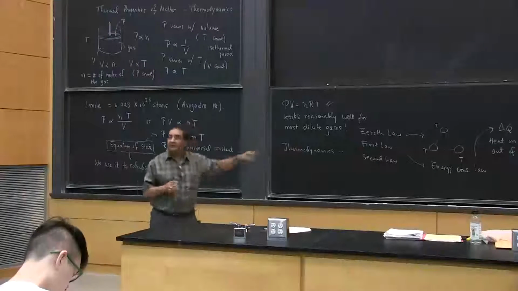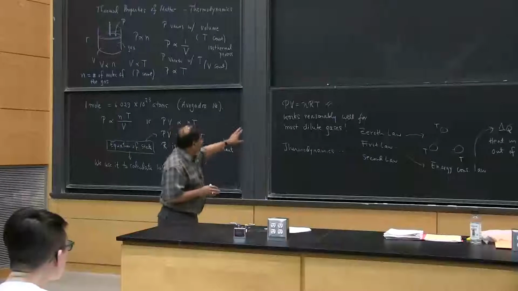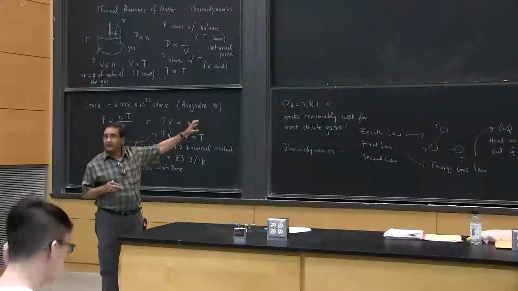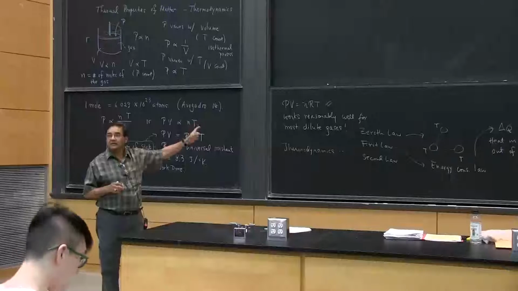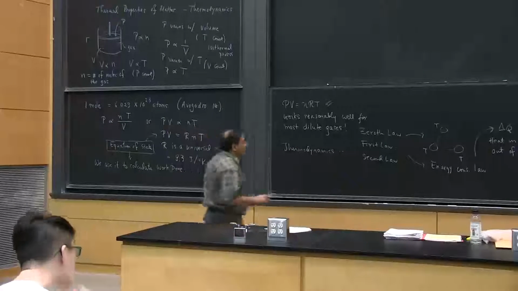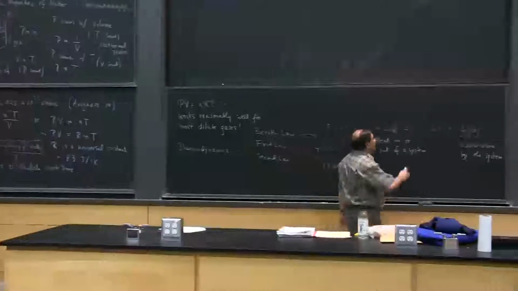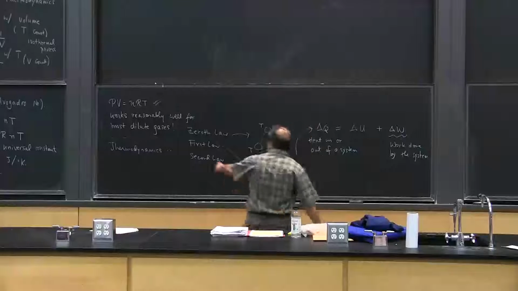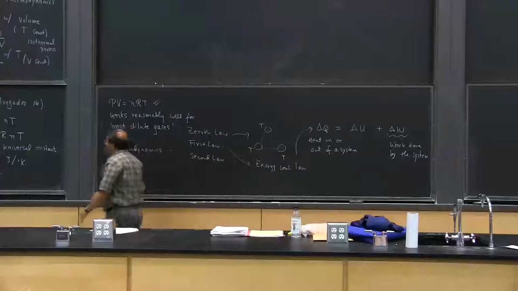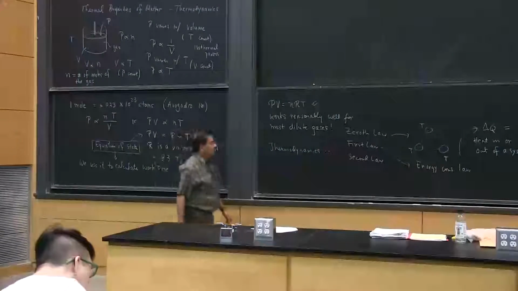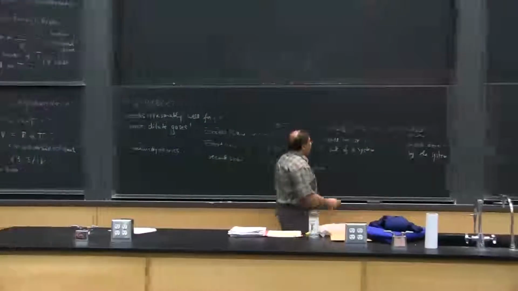So I won't take you there, but I just want you to be aware that the equation of state is not the be-all and end-all of everything, because you have to also know typically the adiabatic story, which we don't get into here. At any rate, I have given you one way in which you may be able to calculate delta W, and that would be somehow to be able to compute how pressure and volume would change. So I'll come to that in a moment.